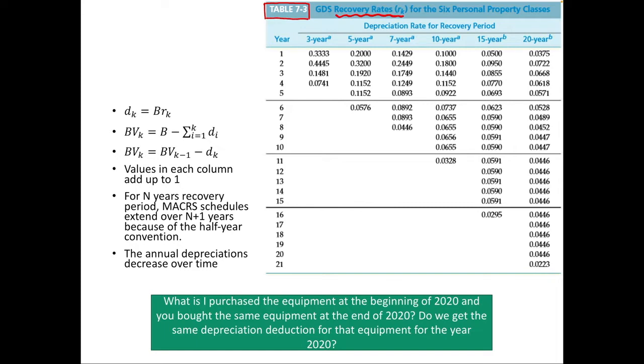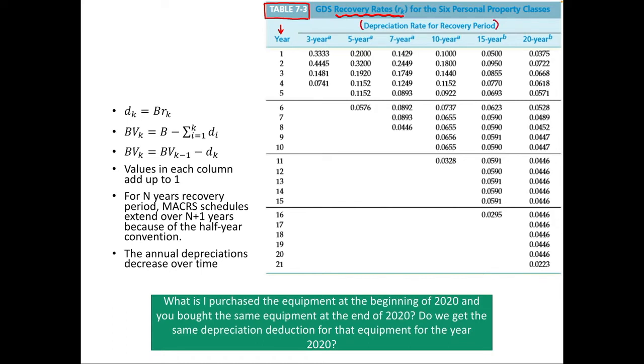So here we have 7 columns. The first column is the number of the year. So you have year 1, year 2, year 3, year 4, year 5. That is just the year your property is depreciated. And then you have another 6 columns under the depreciation rate for recovery period section.